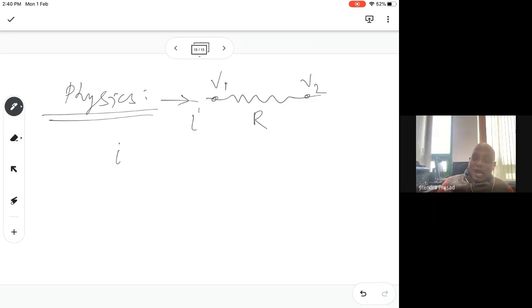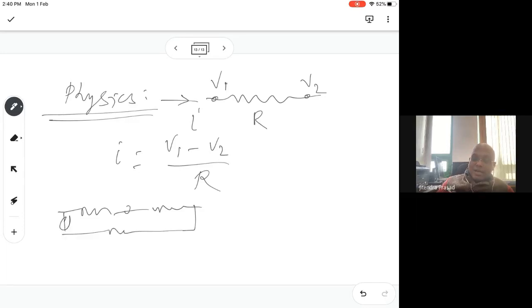So you know that I will be equal to V1 minus V2 over R, right? And if you have a number of resistances together, something like this, with current flowing from here, here, and here, how can we solve this problem?